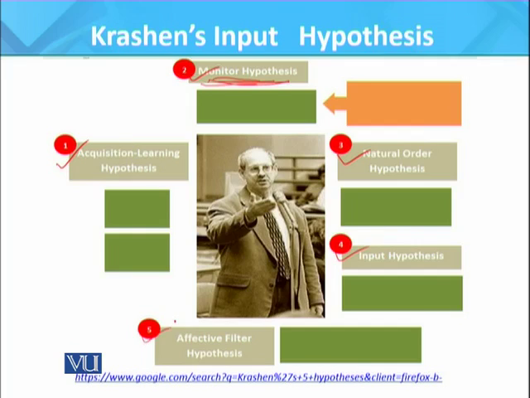The fifth, affective filter hypothesis, is that learner's emotional state can act as a filter to impede or to block input necessary for language acquisition. Things such as conscious learning, motivation, stress, classroom environment, confidence, all these can trigger the mental filter.